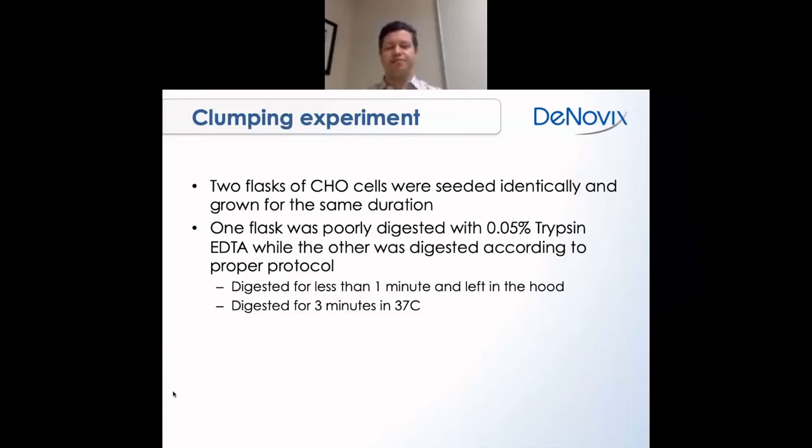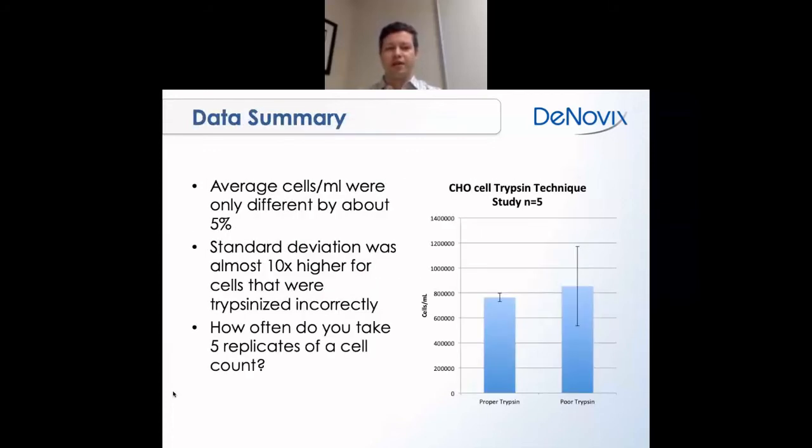I just let it digest at room temperature, left it in the hood for about a minute, and then I took the flask, smacked it with my hand to try and dislodge anything, and then I added my media. The other one I digested according to protocol. So I put it in the incubator at 37°C and let it sit for 3 minutes before I pulled it out.